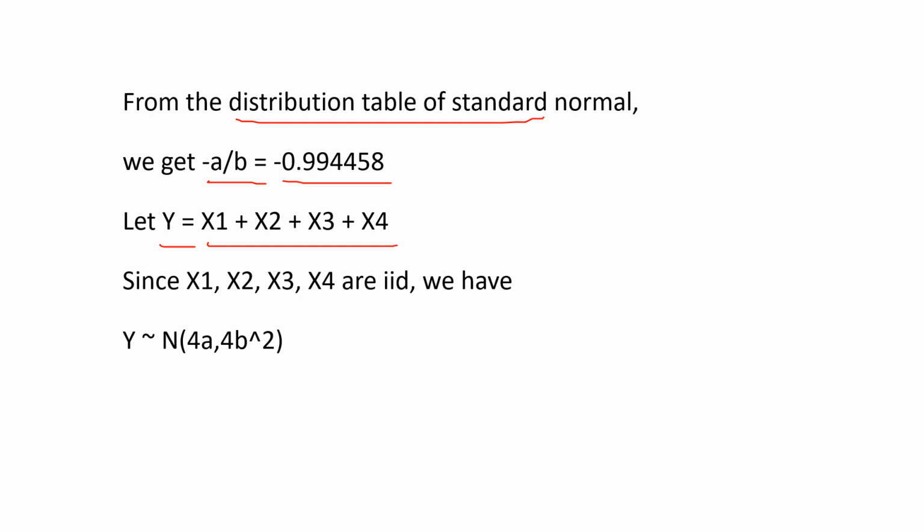So the new random variable Y has a mean equal to the sum of the means of the xi's, which is equal to 4A, since each of these xi's has a mean A, and variance equal to 4B squared, because the xi's have a variance of B squared, so the sum of that would be 4B squared. That's because we don't have any covariance term, because the xi's are independent.